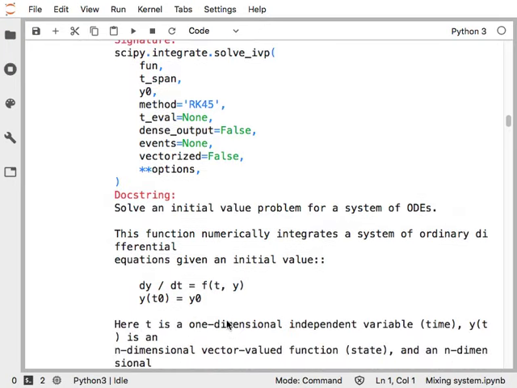I'm going to need a function that takes time and y as the input, where y is the state of the system. Now remember, in the dynamics community, when we talk about state variables, we're talking about the variables that are the targets of the derivatives. And the whole job of this function is going to be to calculate all the derivatives of the system.